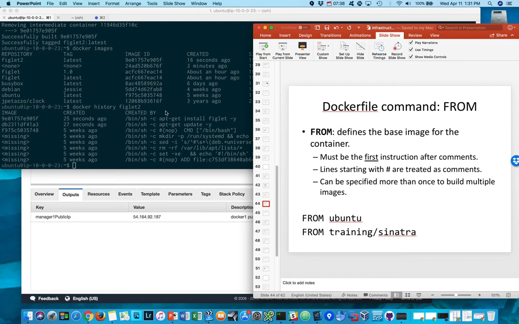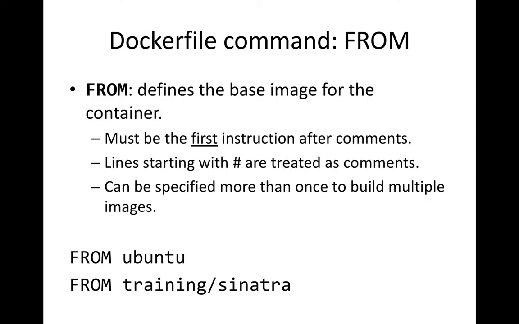So let's dissect the Dockerfile a little bit and look at some of the commands that you can include within a Dockerfile. The Dockerfile begins with the FROM command, and that has to be the very first instruction within the Dockerfile. You can put comments in a Dockerfile. The comments begin with the # character.